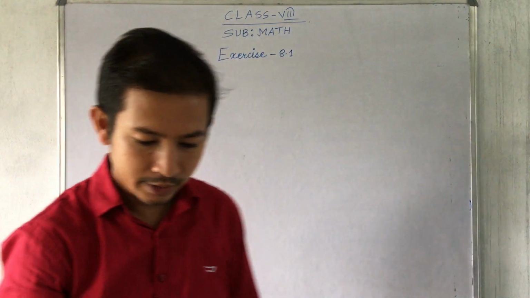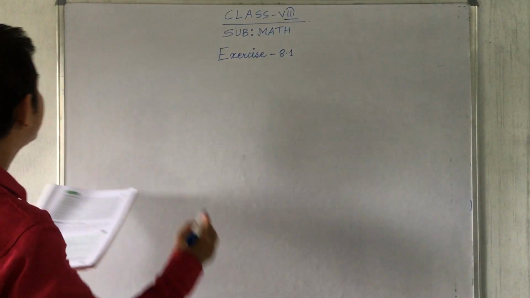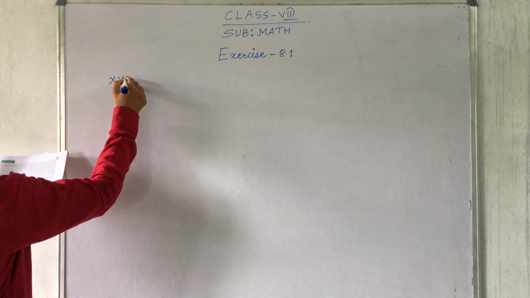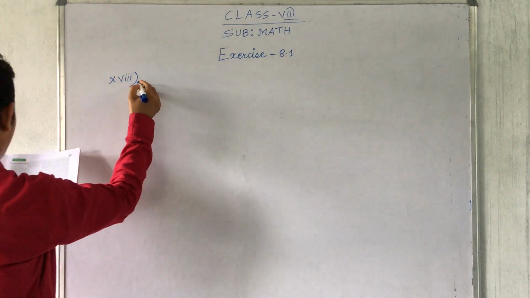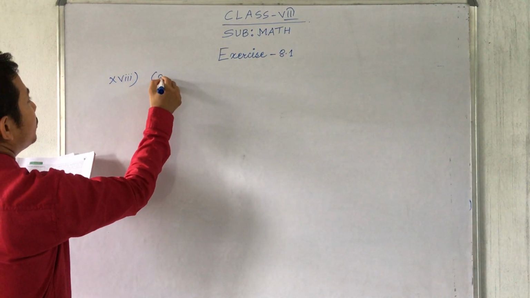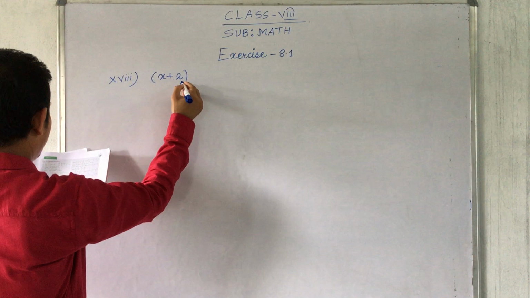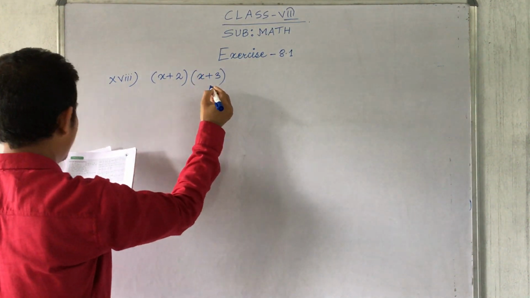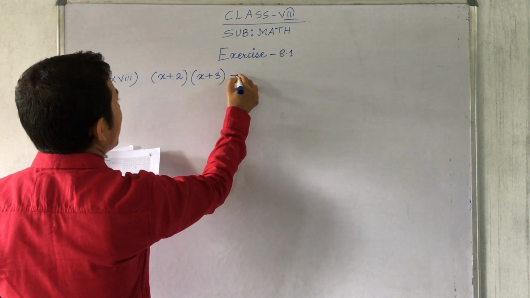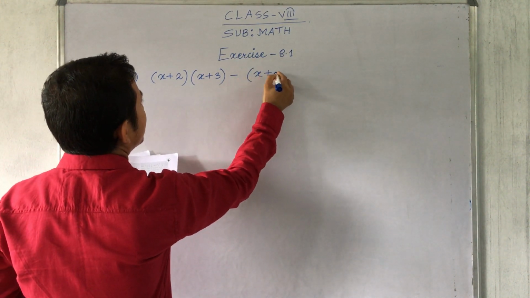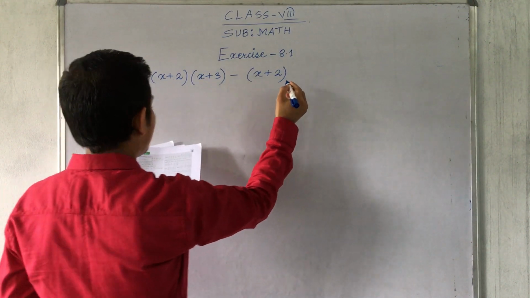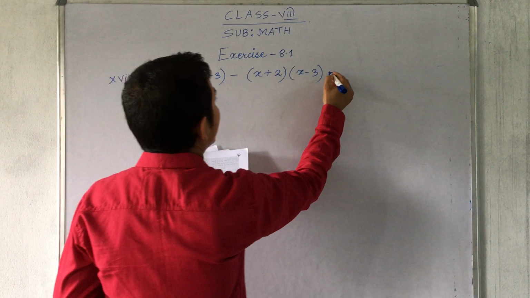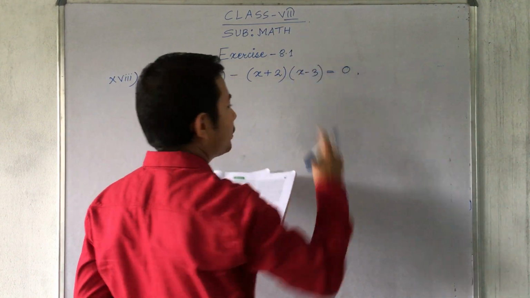See question number 15. (x plus 2) into (x plus 3), minus (x plus 2) into (x minus 3) equal to 0.